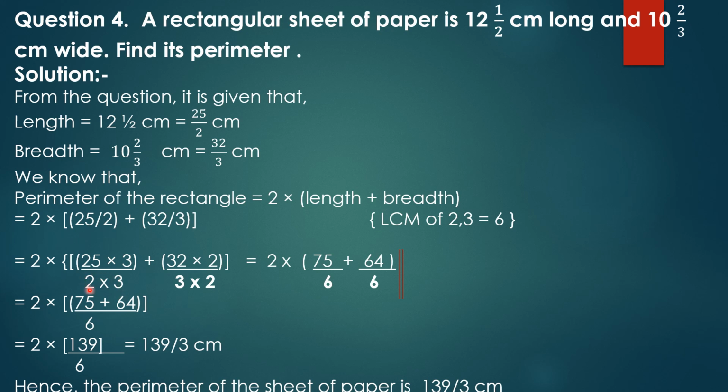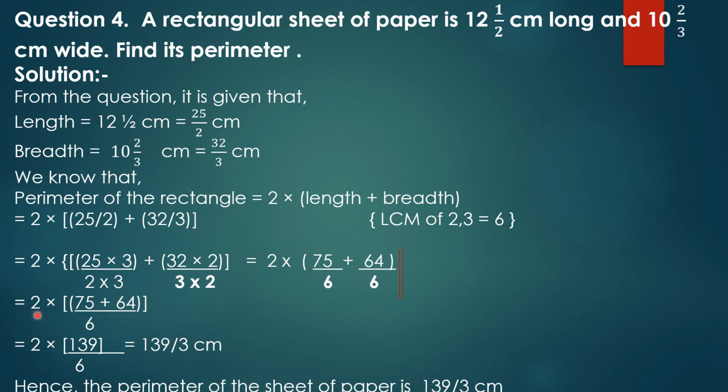Therefore, 2 into brackets 25 into 3 divided by 2 into 3. Here we want the denominator 6. Therefore, multiply the denominator by 3, so this will become 2 into 3, 6, and multiply the numerator also by the same number. Therefore, 25 into 3 will become 75 by 6, plus, here we want 6, which means 3 into 2. So multiply the numerator also by 2. Therefore 32 into 2 divided by 3 into 2 will become 64 divided by 6, because 32 into 2 is 64.